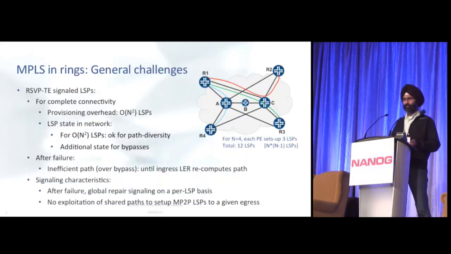Eventually, global repair will kick in, wherein the ingress router for the LSP would resignal the LSP on a brand new path. The key thing is, while your local repair is carrying your traffic, your LSP may not be taking the most efficient path, and there is signaling churn due to global repair.